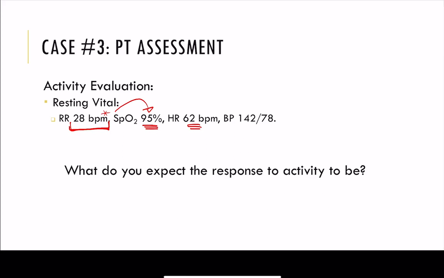All right, oxygen sats, 95%. I'm feeling good about that. So good at rest. What do I expect to happen? In a normal, healthy person, oxygen saturation should not change with exercise, right? All of you, even when you're maximally exercising, you should still be saturating your hemoglobin.